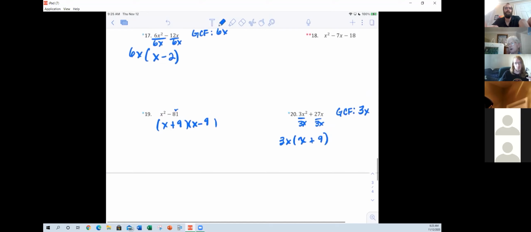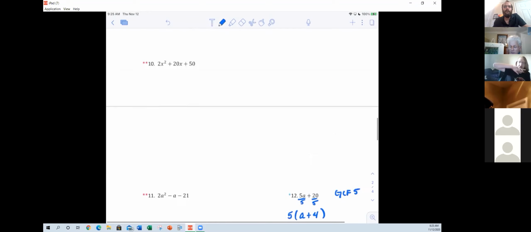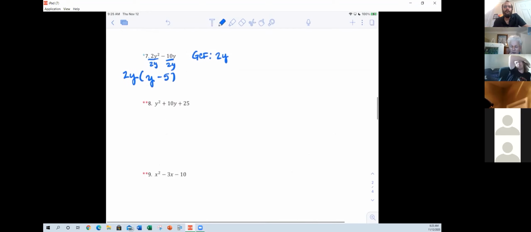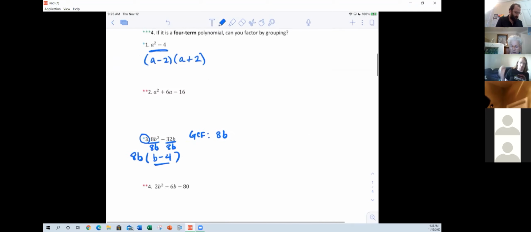Anytime you hit a binomial in a problem, just say GCF first, and then if there is no GCF, if it's the difference of squares, then you factor it that way. And if you factor out a GCF and you're not left with a difference of squares inside the parentheses, then you're through. Okay, so then let's look at the trinomials.